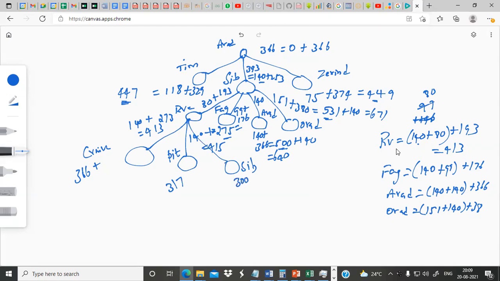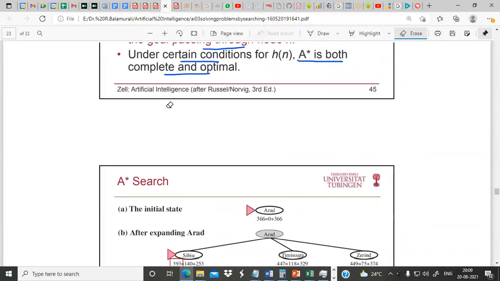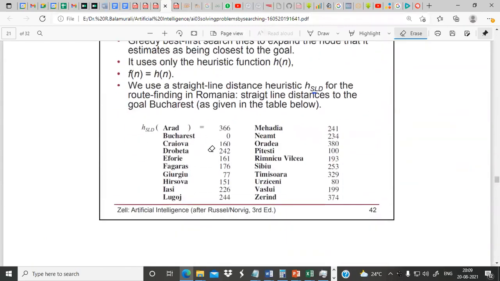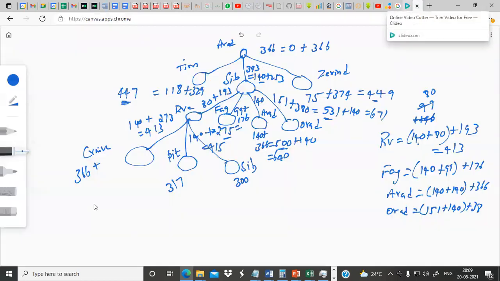Now, what is the heuristic cost of reaching from Craiova to the destination, that is Bucharest? For that we have to refer to this table. From Craiova, the heuristic cost is 160, so to this we have to add 160.